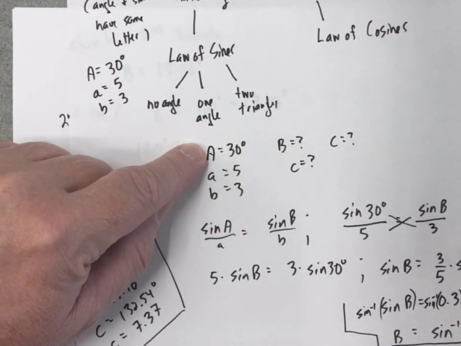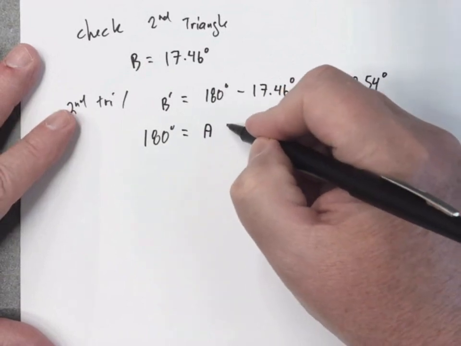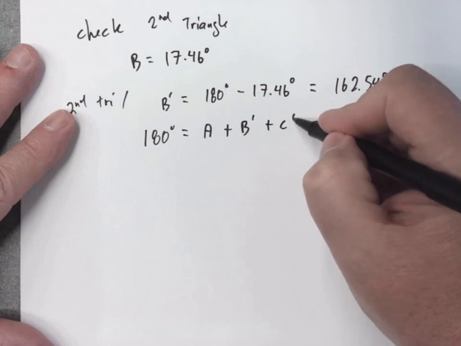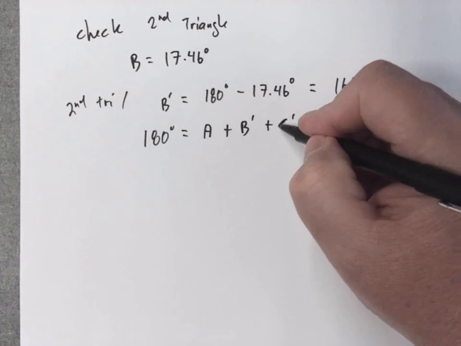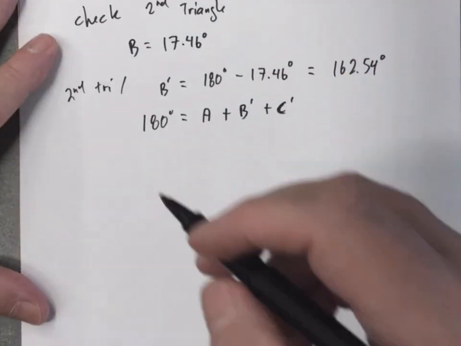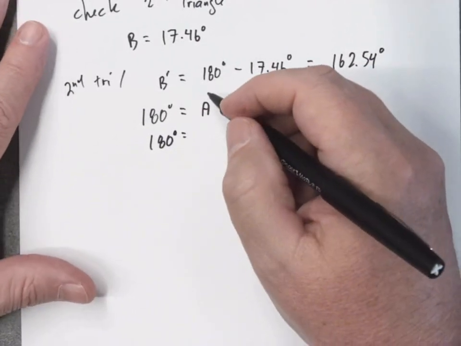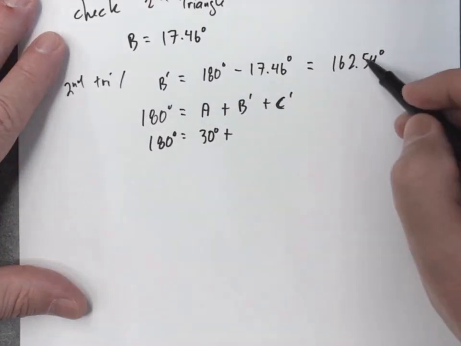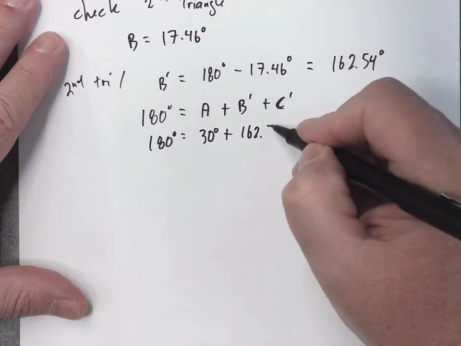So angle A, 30 degrees, is for both triangles. So what I'm going to do is take angle A and add the new angle B and the new angle C, because the second triangle will have a different angle B and C. So if I fill this information in, angle A for both is 30 degrees. If there's a second triangle, angle B is 162.54 degrees.